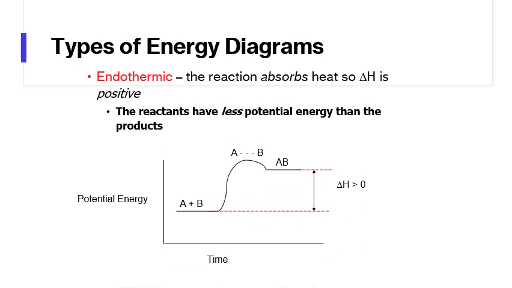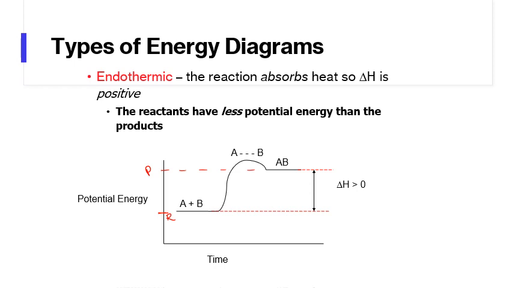The difference between the exothermic and endothermic is that you can see the energy of the reactant is less than the energy of the product. So here the reactants, and for the product, when you plot it to the y-axis, you can see the energy of the product is higher than the energy of the reactant.